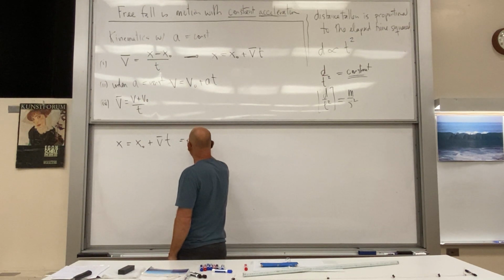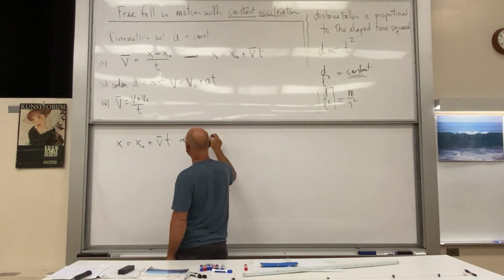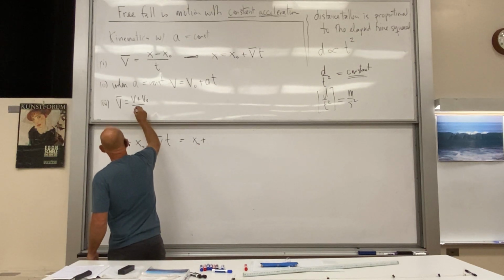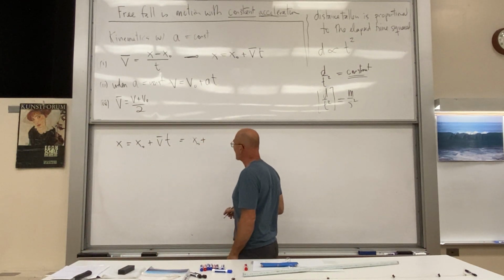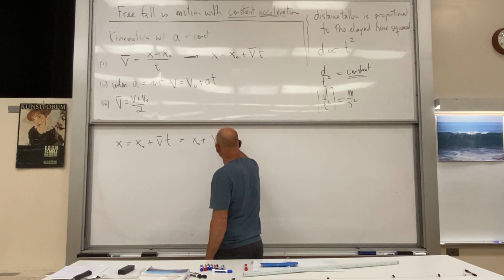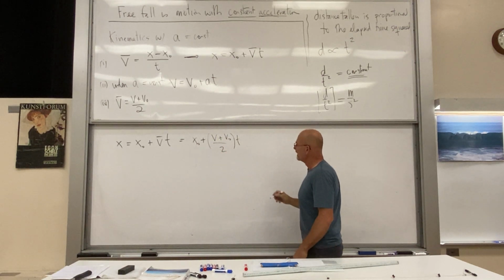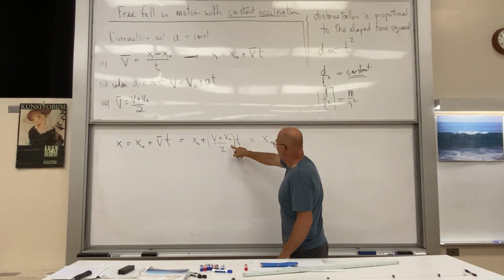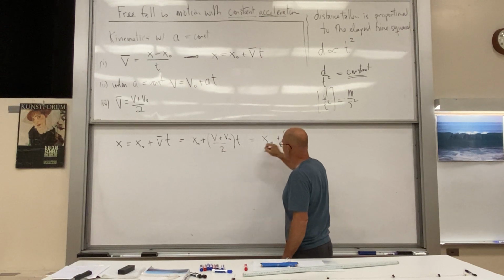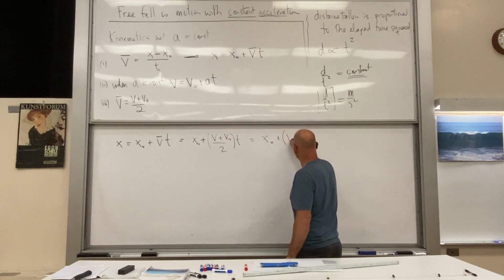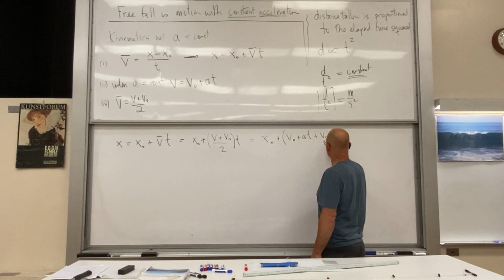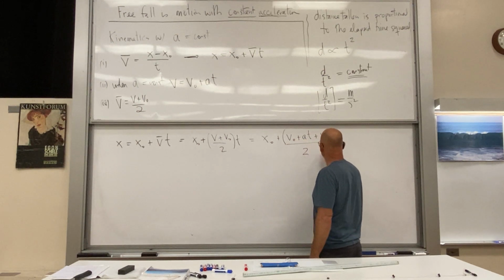We have equals x0 plus, okay, here's a mistake. That was divided by 2, not divided by t, divided by 2. Okay. x0 plus v plus v0 divided by 2 times t. And finally, we've got x0 plus, I'm going to write this v in the parentheses, v0 plus at plus v0 divided by 2 times t.